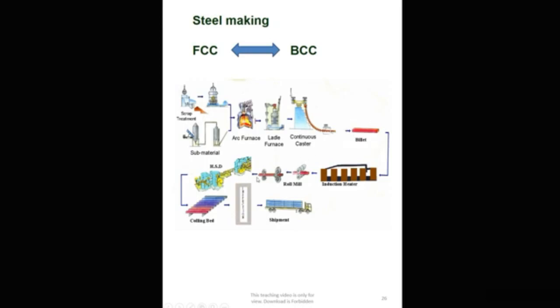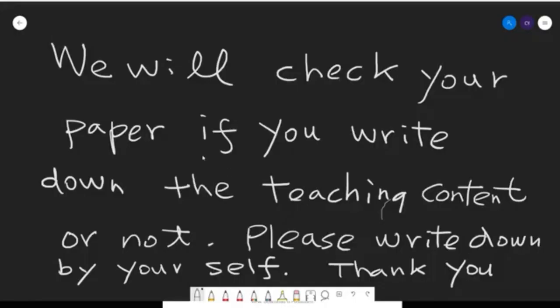We need to make it become steel bar. So we need to heat it again, to become ferrite, FCC structure, and very soft. And then we can roll it to small size and become the steel, and then we can go to the construction site.